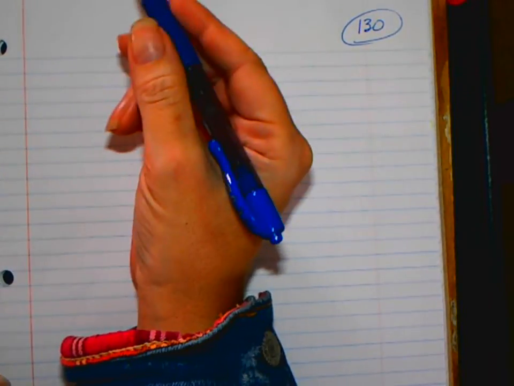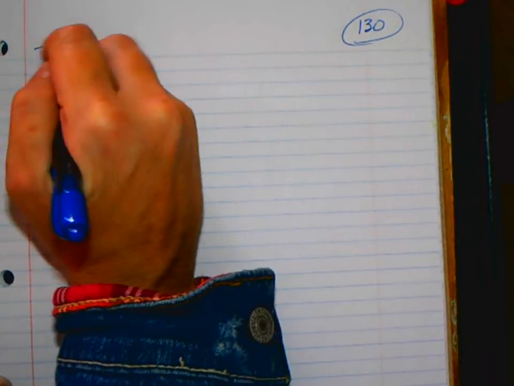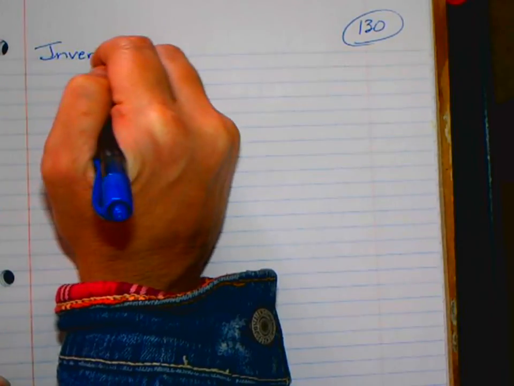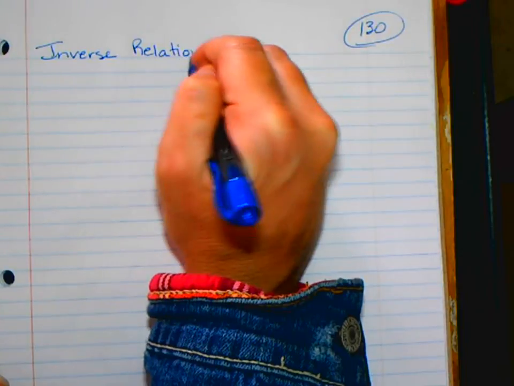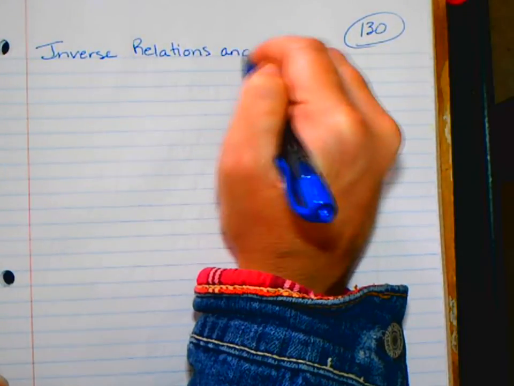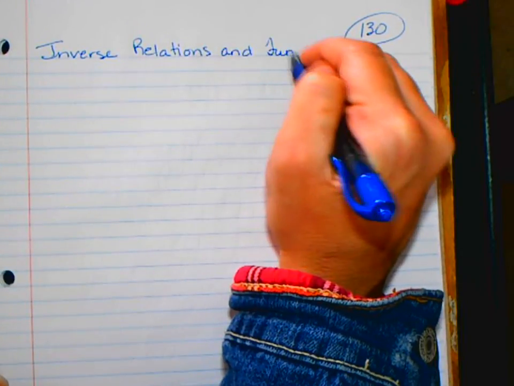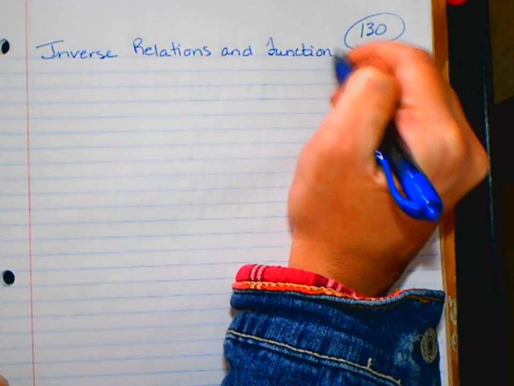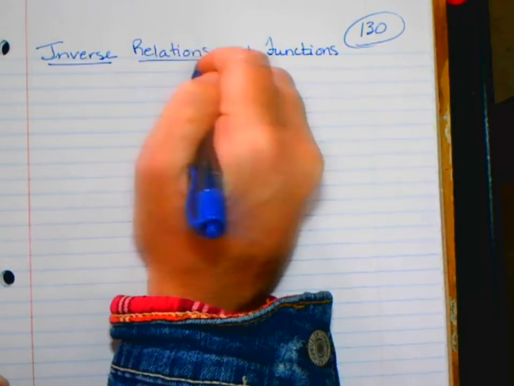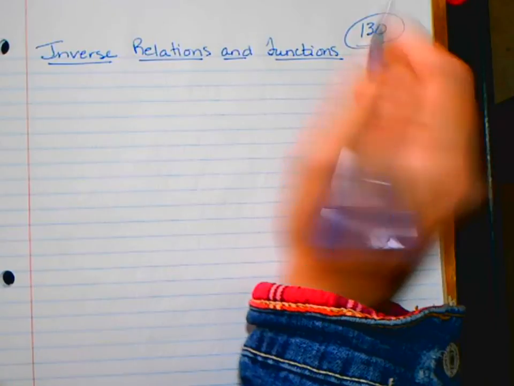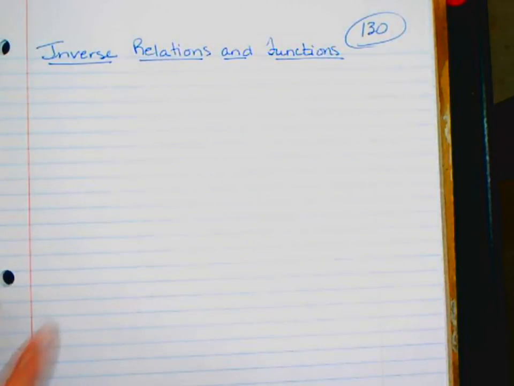All right, page 130, title is Inverse Relations and Functions. We have some definition-y kind of stuff to do here at the beginning.